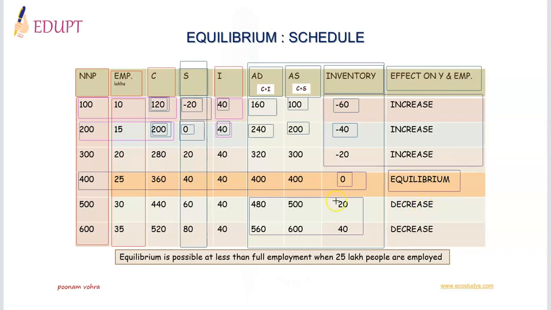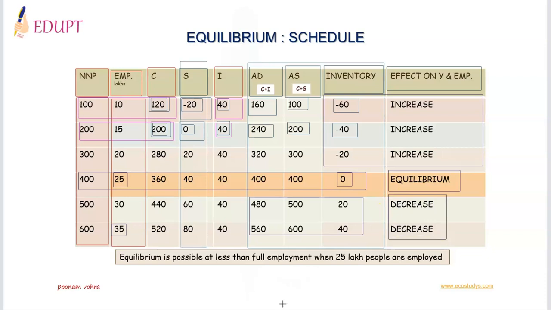And at this level, one finds that less than full employment exists. Full employment would be when 35 lakhs of people get employed. Here, 25 lakhs are employed. So it is less than full employment. And after this point, with positive inventory level, now that aggregate supply is more than aggregate demand, so income as well as employment will start declining.